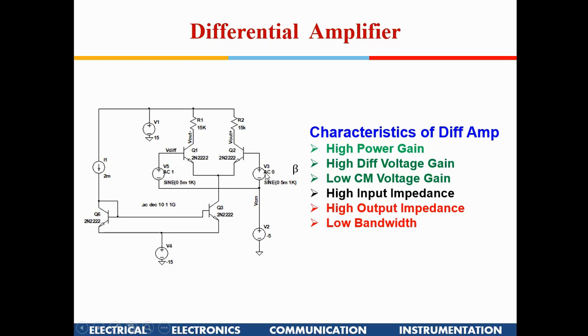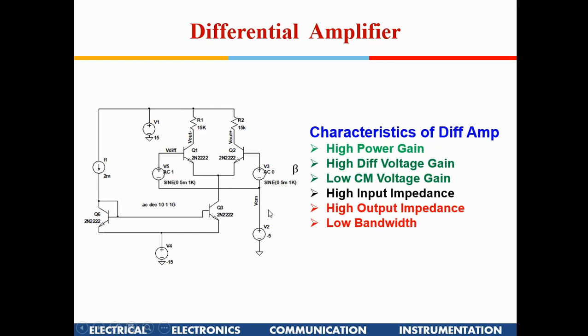There are several applications for this kind of amplifier. You will learn about op amps, and you will find this is the first stage of the op amp. If you have signals coming from a noisy atmosphere, superimposed with the actual signal, the noise is common in both signals and will get cancelled here, whereas only the required signal will be amplified.